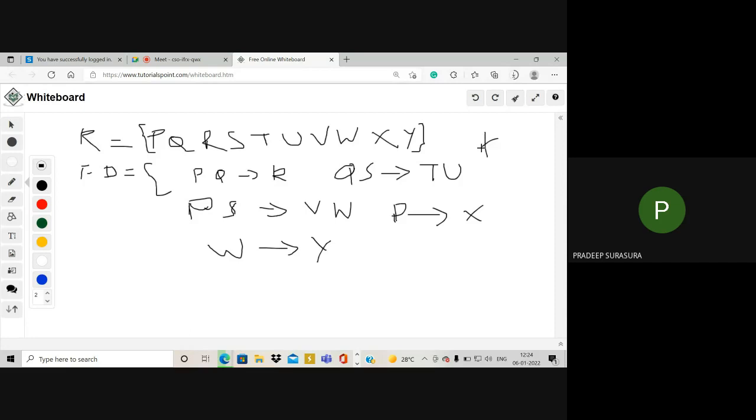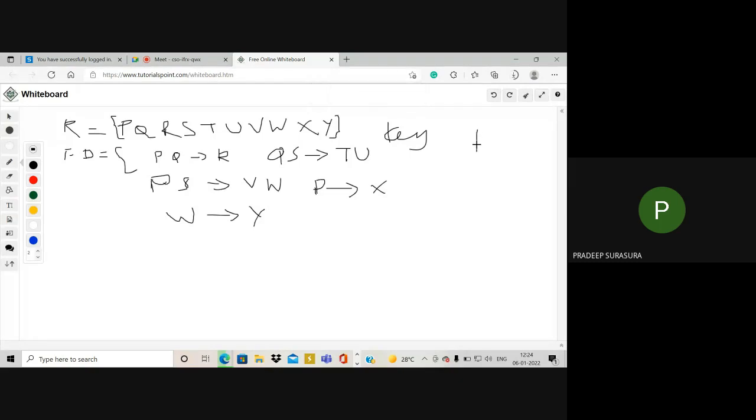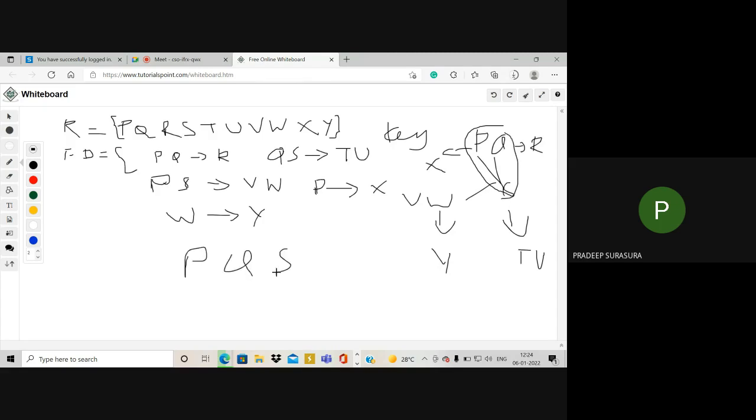So what will be the key here? According to the pattern, PQ determines R, QS determines TU, then PS both determine VW, P determines X, and W determines Y. So we should know that the key is PQS.